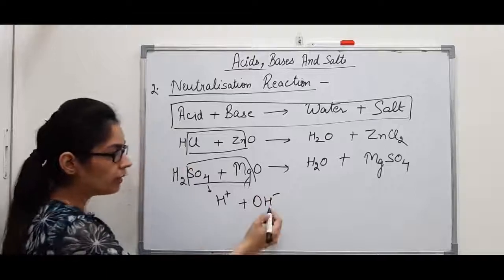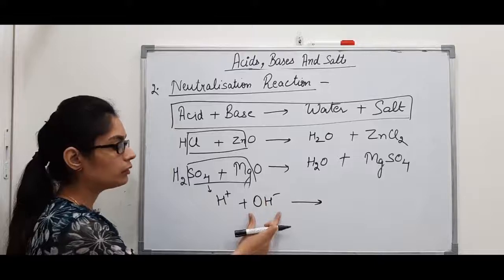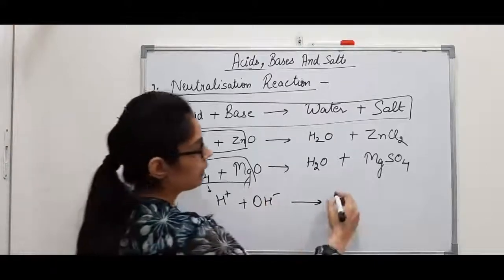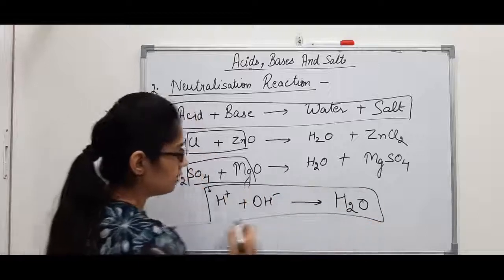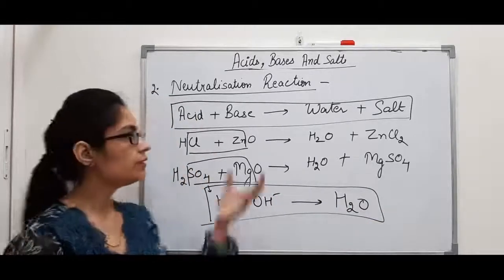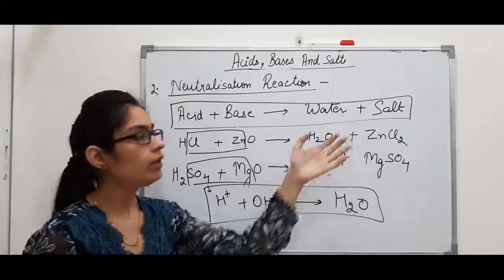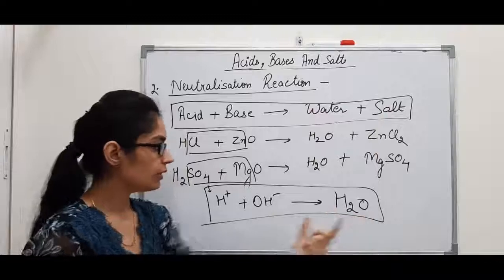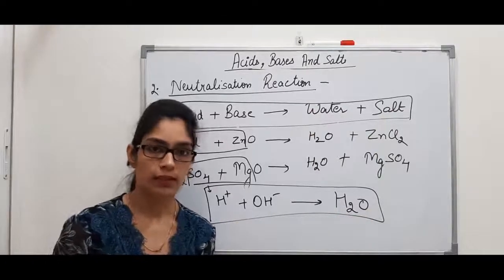They will give us OH negative ions. So when H positive ions react with OH negative ions, they will give us water. So basically this is a neutralization reaction. But in acids and bases, a neutralization reaction is this. See, the products: water they are giving plus salt. So water we are getting from here when H positive ion reacts with OH negative ions.